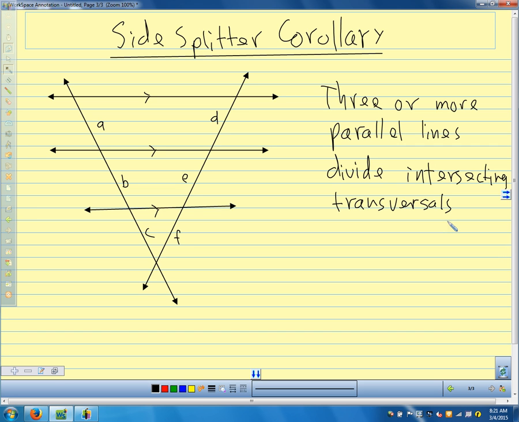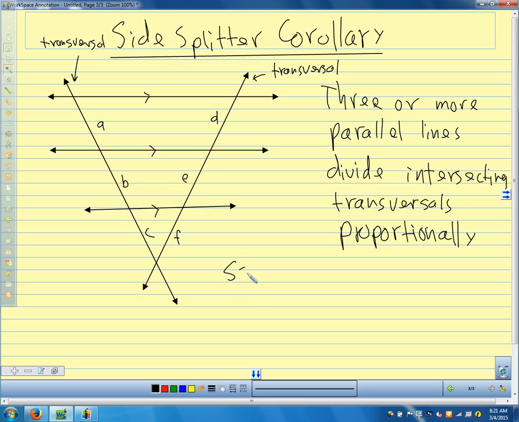Since we're in chapter 7, we just talked about the side splitter. They're going to be divided proportionally. So this is the transversal. And this is a transversal. So what this does is gives us more pieces to make proportions out of.